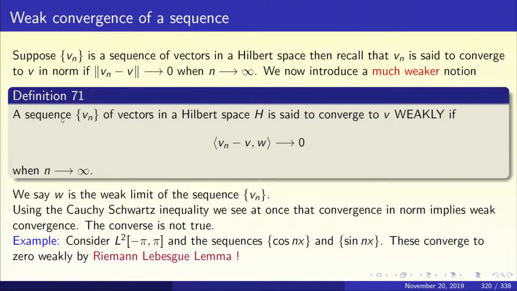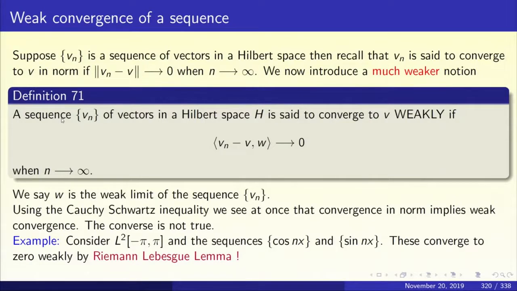Now, we weaken this notion; we introduce the much weaker notion of weak convergence. A sequence of vectors Vn in a Hilbert space H is said to converge to V weakly if the inner product of Vn minus V with W goes to 0 as n tends to infinity.